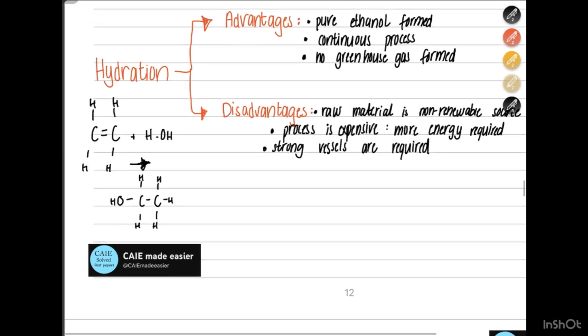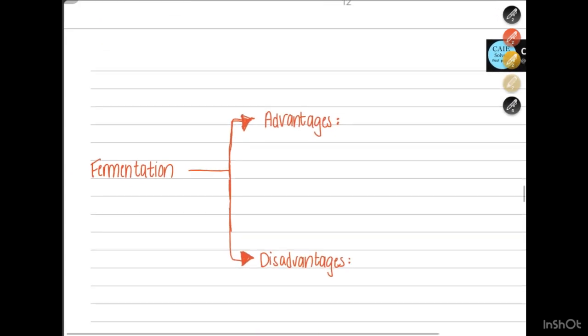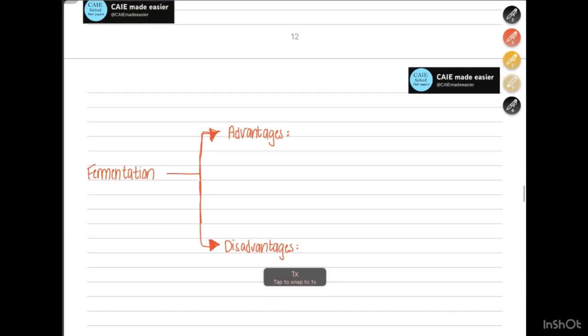Now we can discuss some advantages and disadvantages of fermentation. The first advantage is that it's a very cheap process. We perform it every day in our everyday lives, when making breads, when making pizzas. The raw material is obtained from a renewable source because it's glucose.